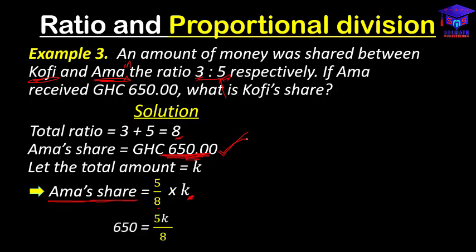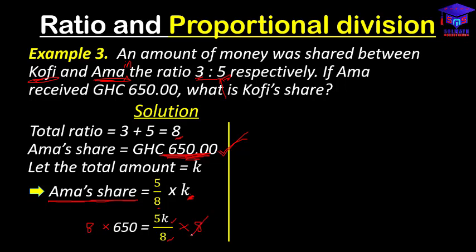So we have 650 Ghana cedis is equal to 5 times K, which gives 5K, divided by 8. Now we can multiply both sides by the denominator, 8. So you multiply both sides by 8, then multiply this side too by 8.